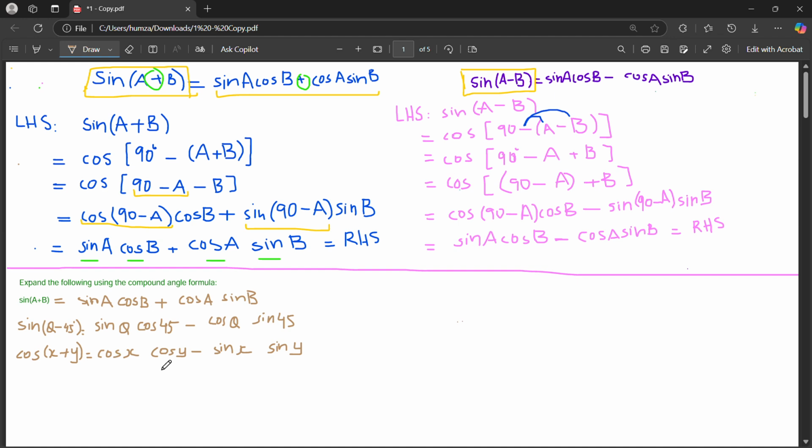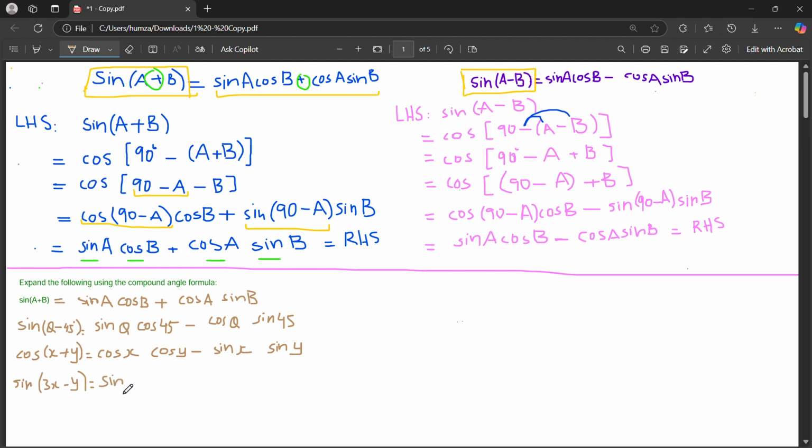Now let's try another example. Let's say, slightly different example we can use, and that is your 3x. What if this is sin 3x minus y? Now from sin we can identify we are using the sin compound angle rules, and the pattern is sin, cos, cos, sin. So let's write the pattern first.